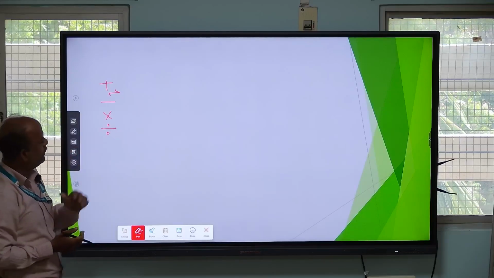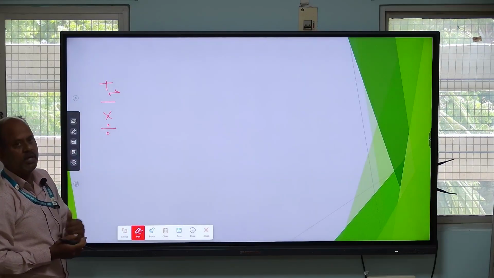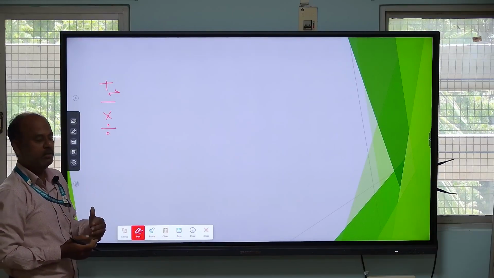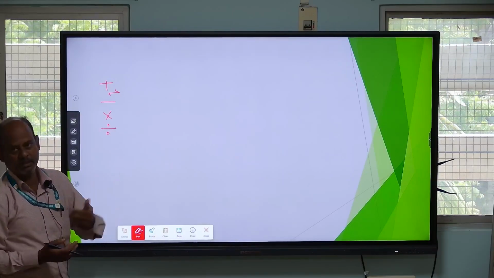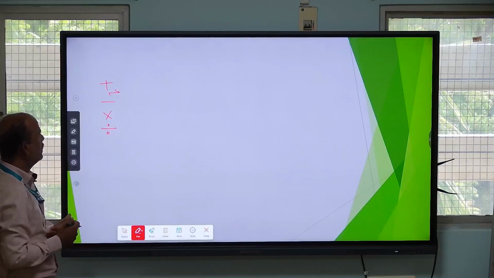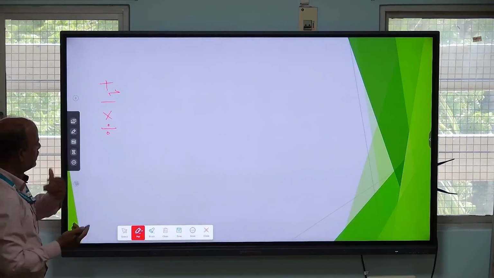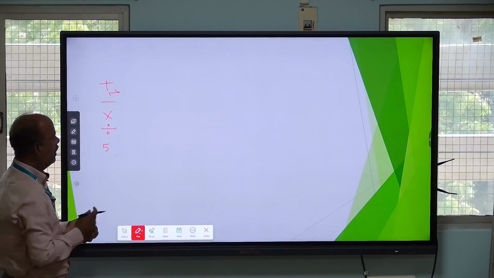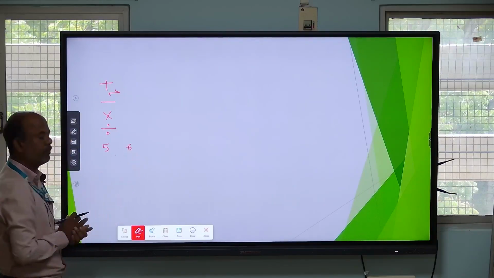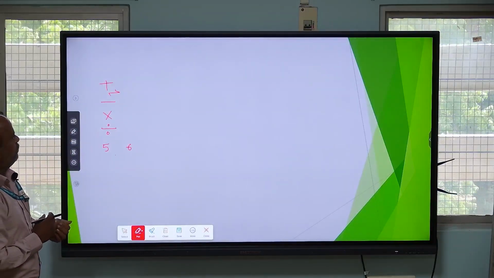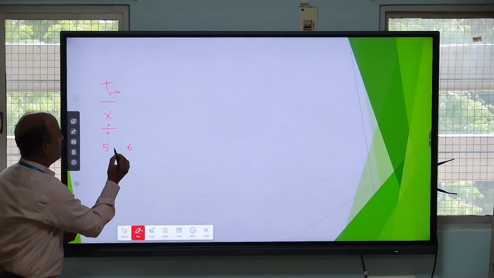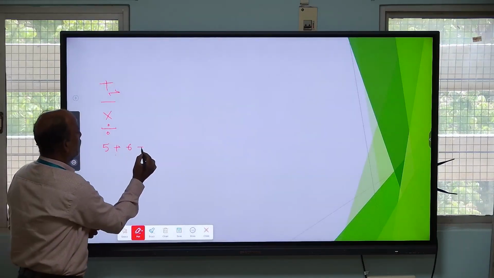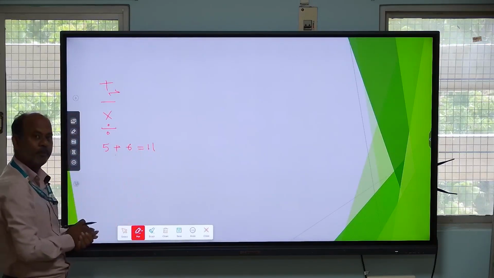We may define an operator as one which operates on an operand and produces some result. For example, if you take the number 5 and number 6, and use the addition operator, we will get the result 11.